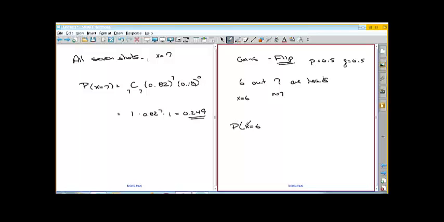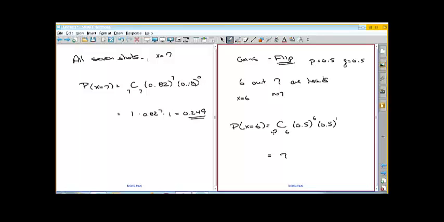So the probability of getting 6 heads is going to be C, use n here, use x there, probability of success, which is a head, 0.5 to the 6th power, times 0.5 to the 7 minus 6 power, so that's 1. This is 7.